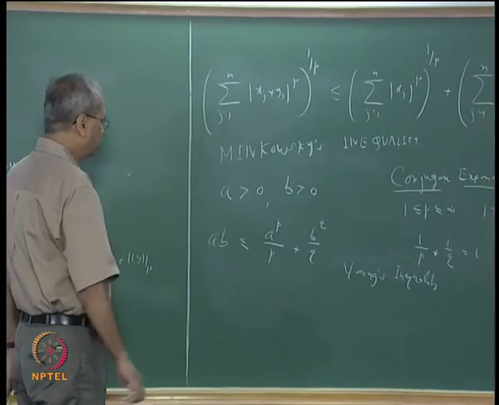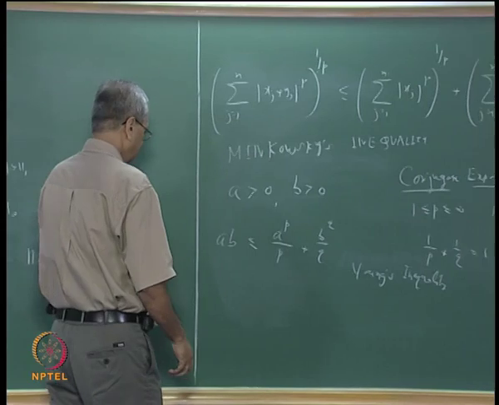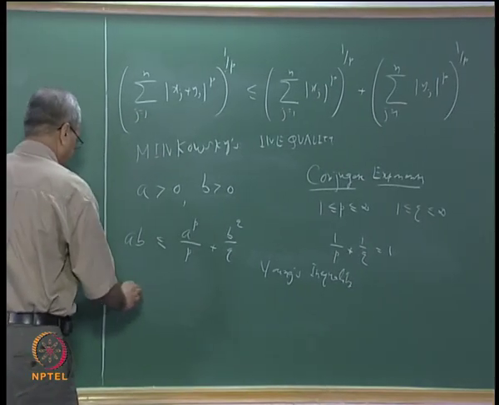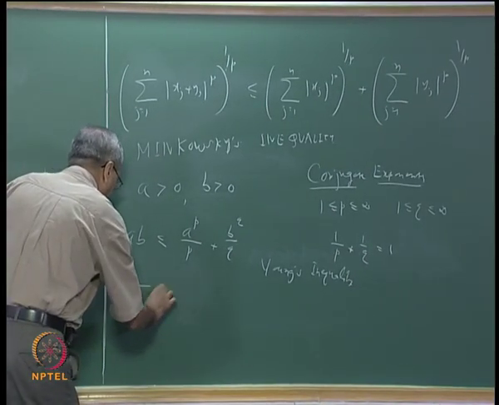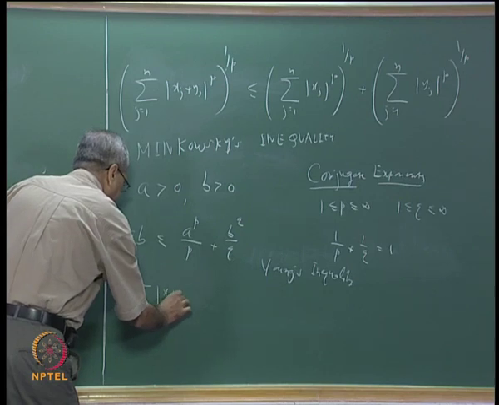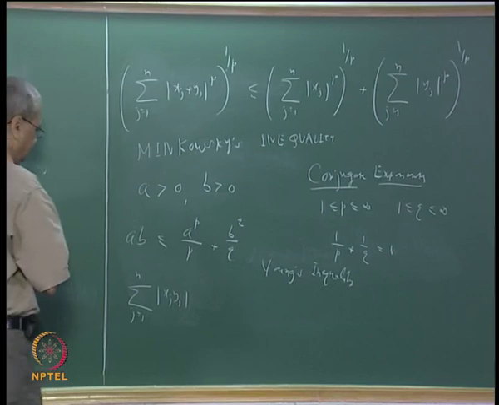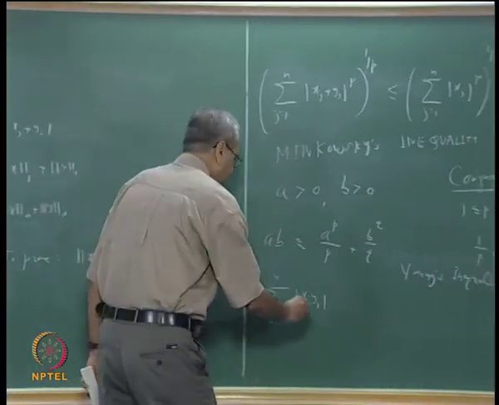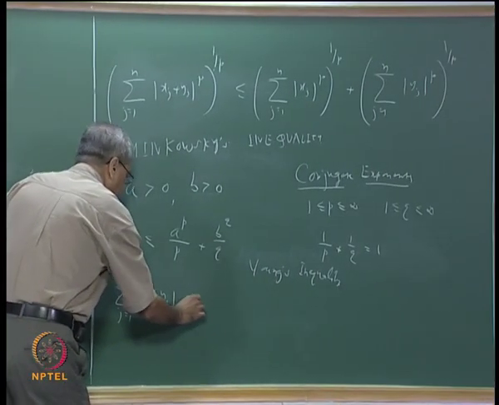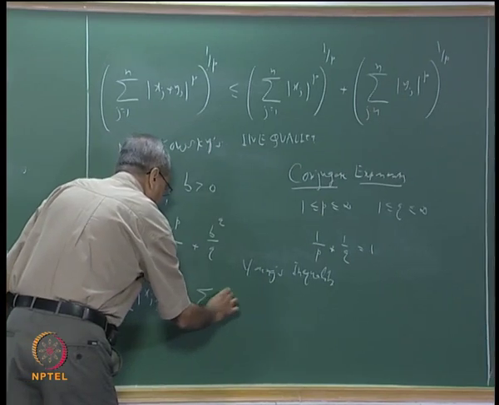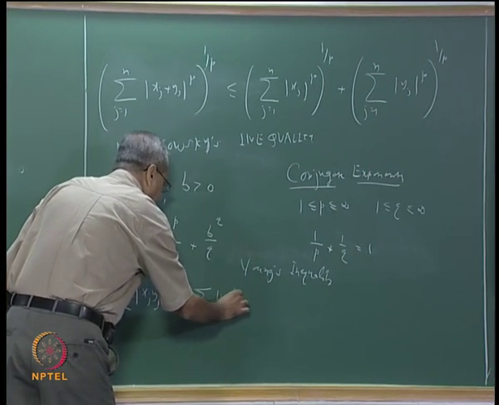Let me also write one more inequality. It is like this: sigma |xj yj|, j going from 1 to n, is less than or equal to (sigma |xj|^p)^(1/p) multiplied by (sigma |yj|^q)^(1/q).